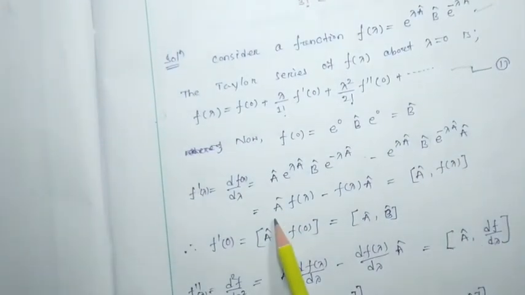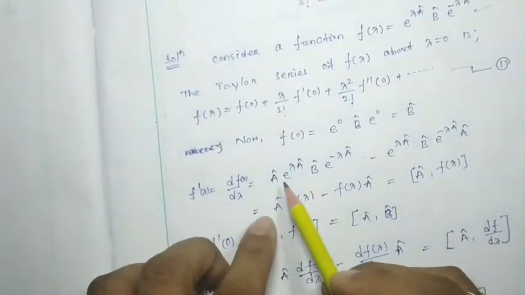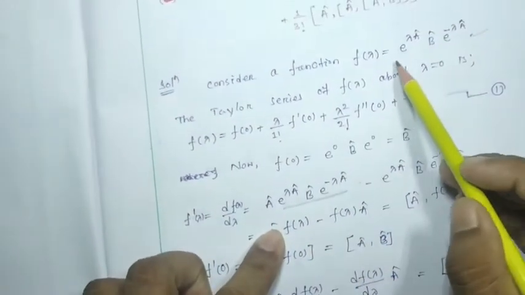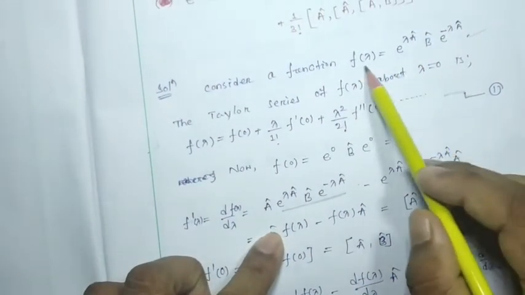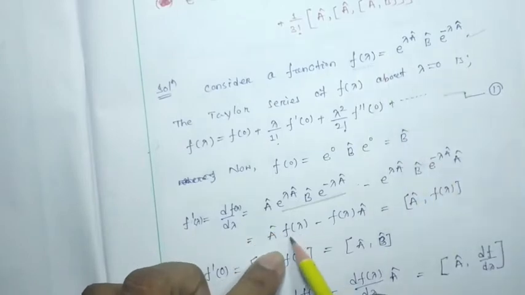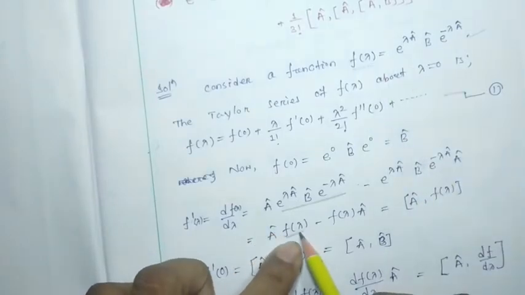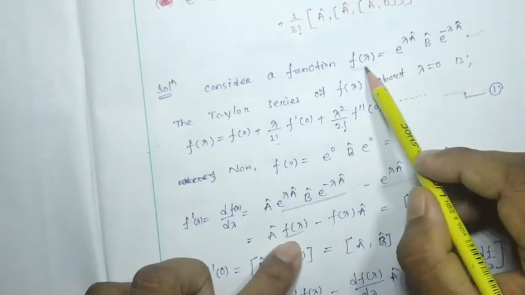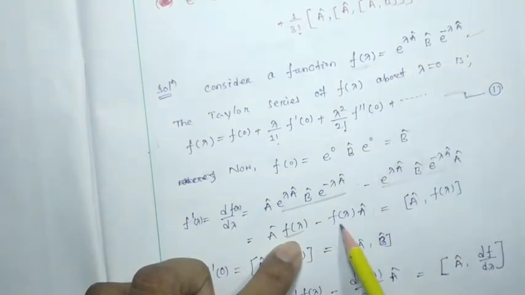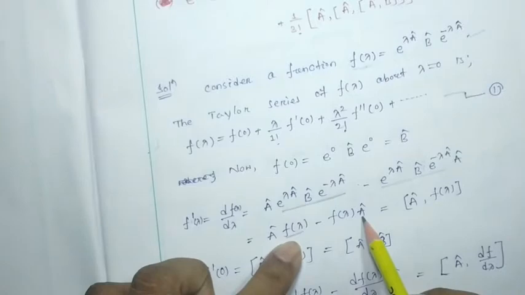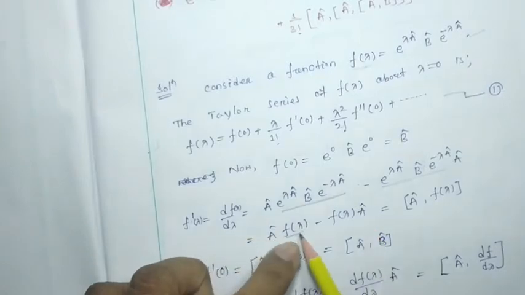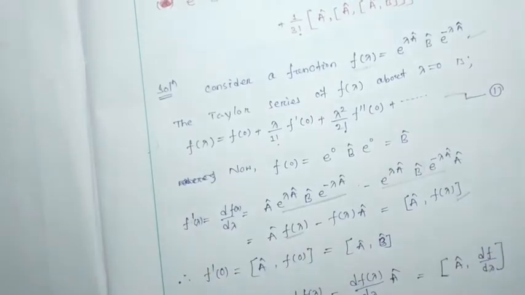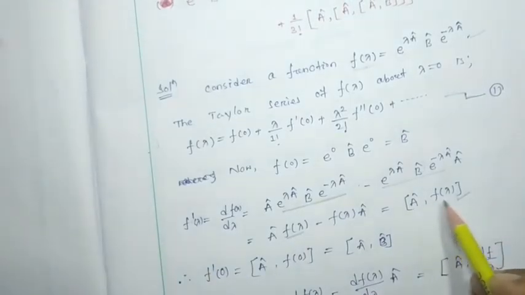So what we found: a cap is there, and this much is nothing but our f lambda, which I have substituted over here, and this much is again f lambda, so I have substituted f lambda a cap. So a cap f lambda minus f lambda a cap can be written in this format, the commutation of a cap f lambda.